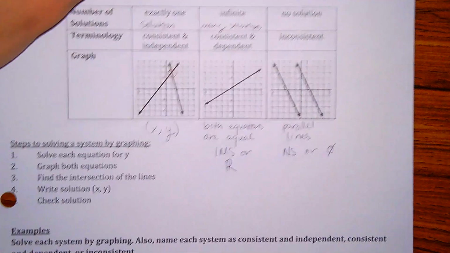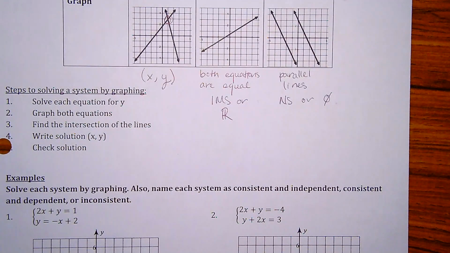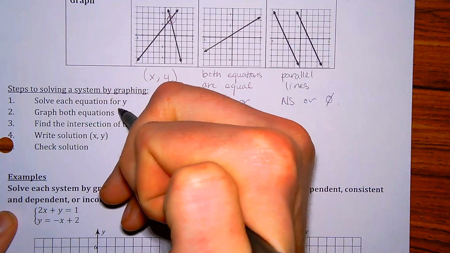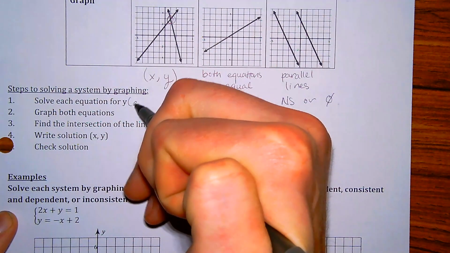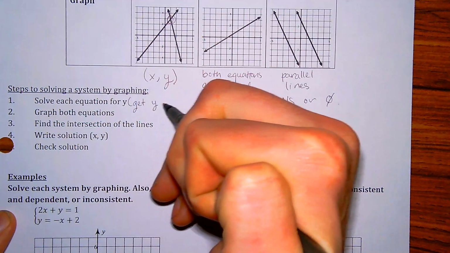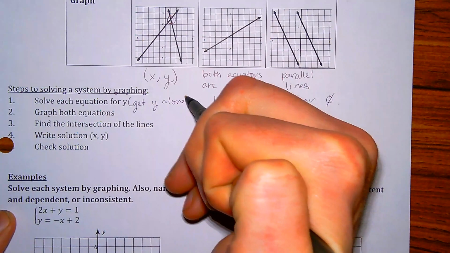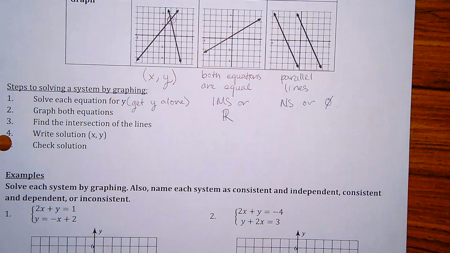Now, let's figure out how to solve these systems of equations. The first step to solving a system of equations by graphing is first to solve each equation for y. That is, let's get y alone. If I can get y alone, that means I can graph it. And we learned from 3.0 how to graph, how to work with slope, and how to work with an intercept, correct?